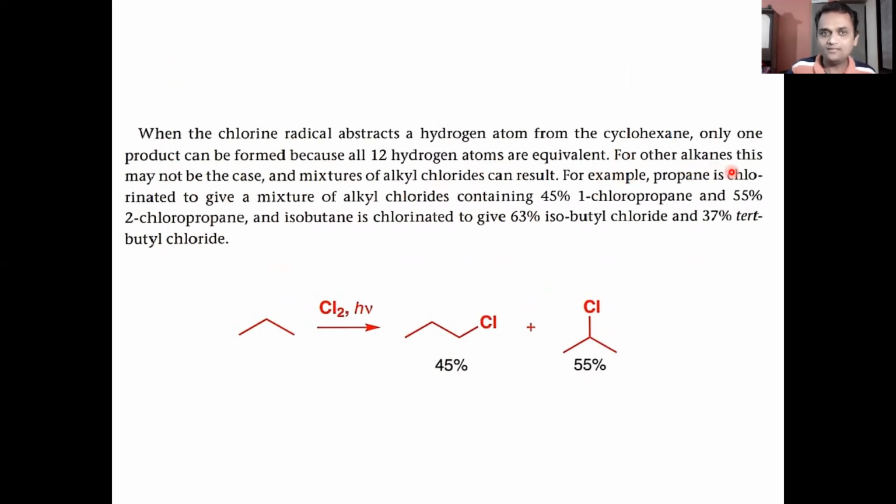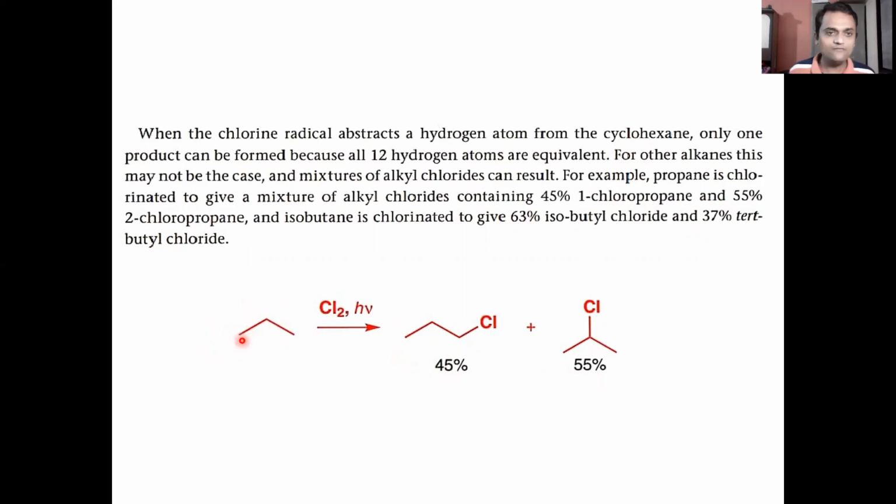For other alkanes, this may not be the case, and mixtures of alkyl chlorides can result. For example, propane is chlorinated to give a mixture of alkyl chlorides containing 45% of 1-chloropropane and 55% of 2-chloropropane. See, this is propane. That propane undergoes chlorination in the presence of light. So we get 1-chloropropane and 2-chloropropane.